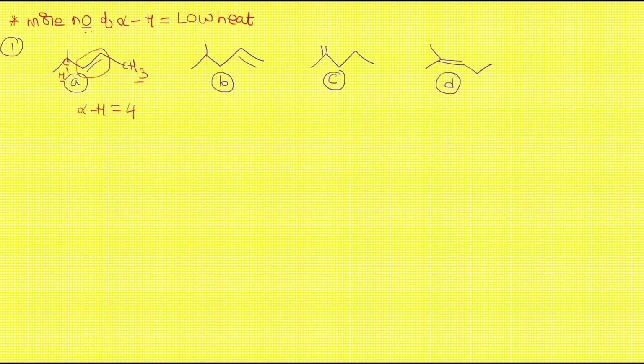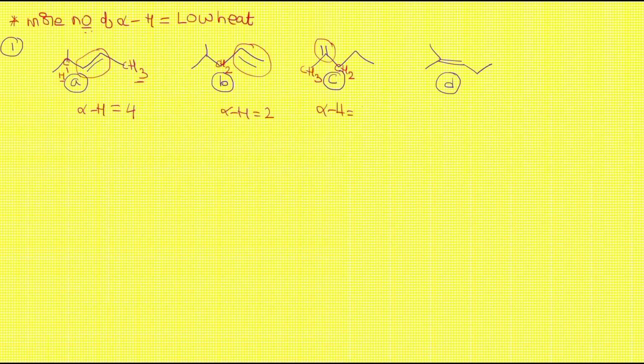So option B. In this I am marking the double bond. One side there is no alpha carbon atom, on the other side there are alpha hydrogen atoms, total 2 alpha hydrogen atoms. Option C. I am marking the double bond here. One side there is no alpha hydrogen atom, on the other side CH3 will be there, and CH2 will be there.